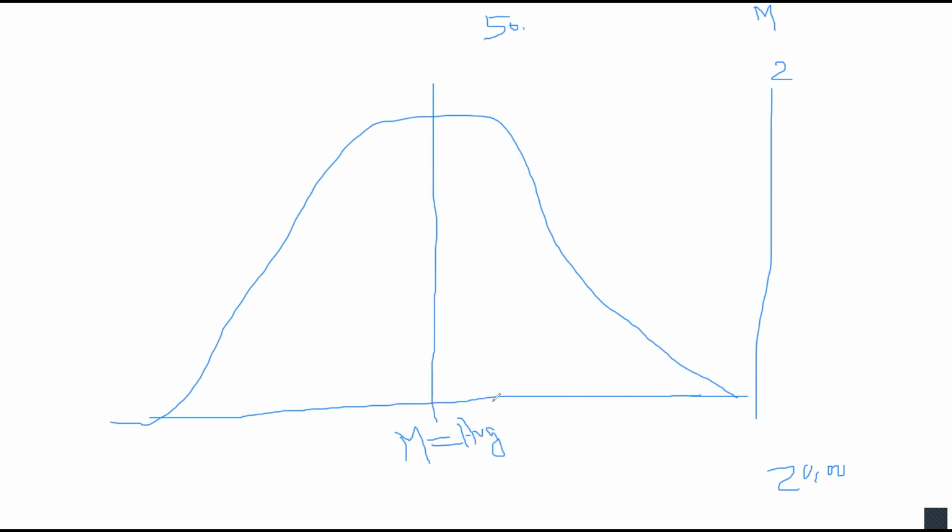So mean plus sigma: this is 1 sigma, this is 2 sigma, and this is 3 sigma. Similarly here, this is minus 1 sigma, minus 2 sigma, and here minus 3 sigma.